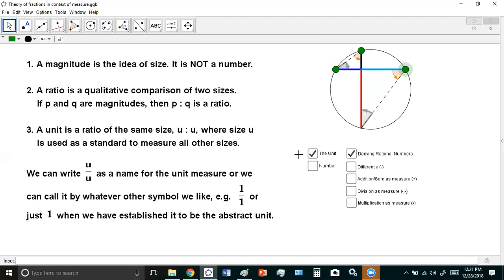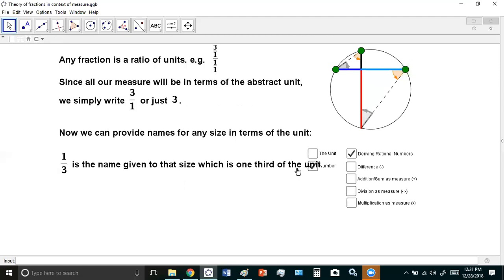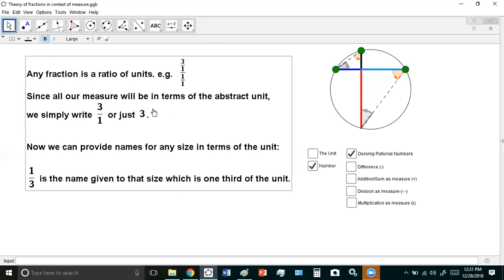Okay? So now we're going on to the next step, where we'll be able to not only tell which is smaller or bigger, but we'll be able to tell by how much one is smaller or bigger, provided both are given in terms of the unit, okay? So any fraction is a ratio of units, such as this number here, which we call 3, over this number 1.